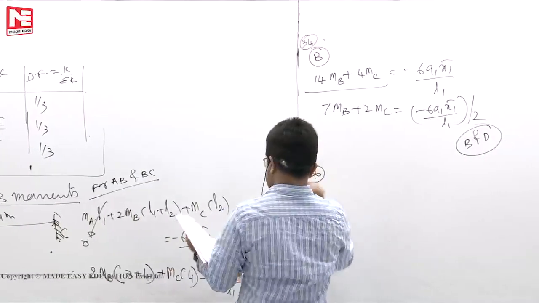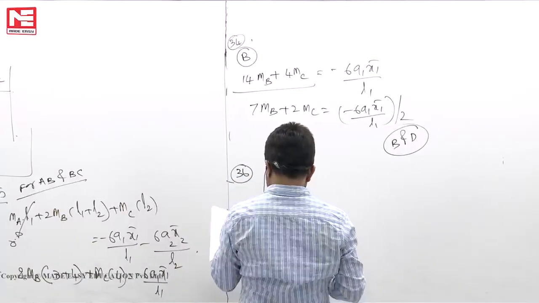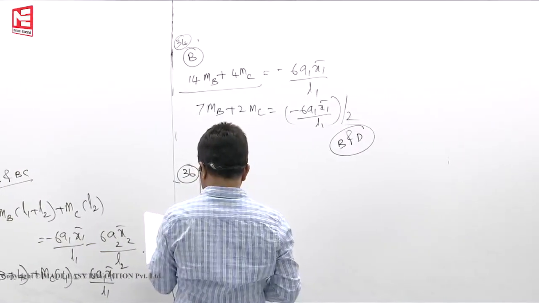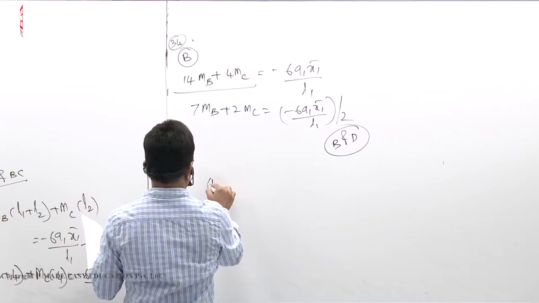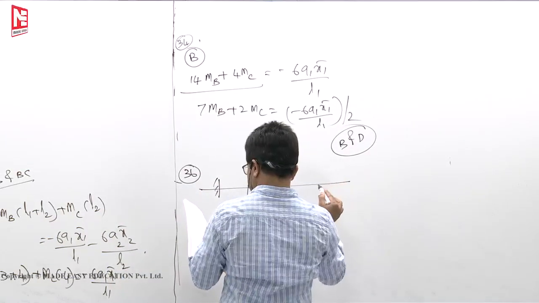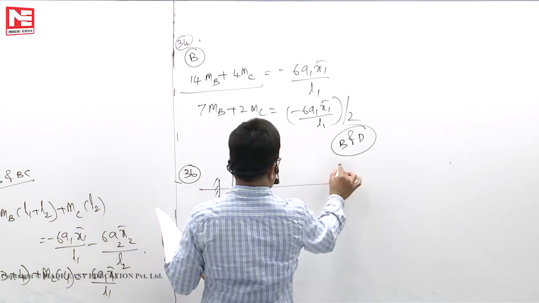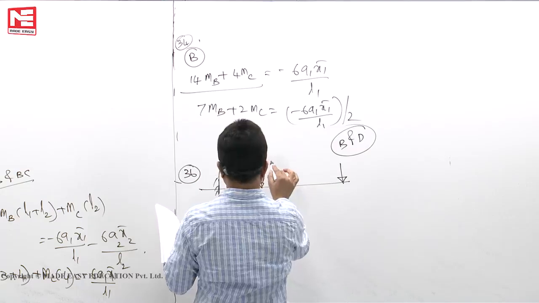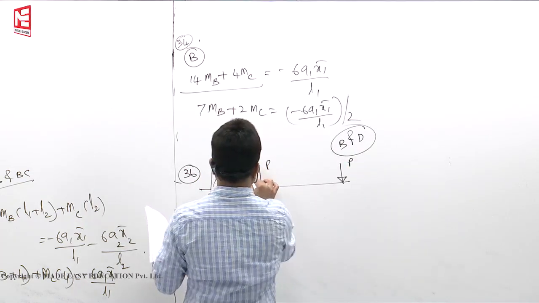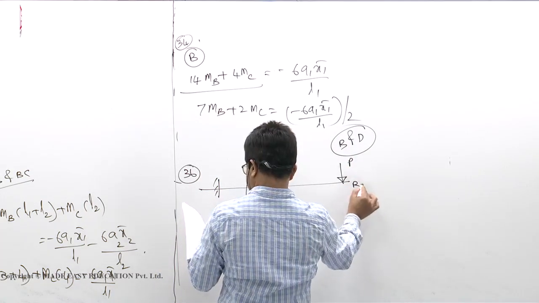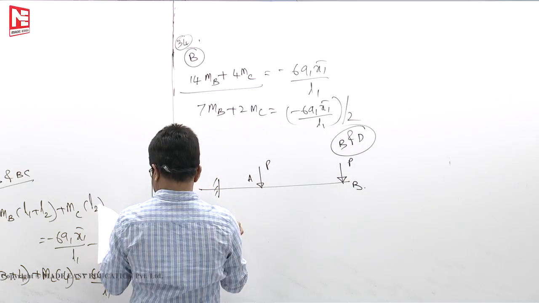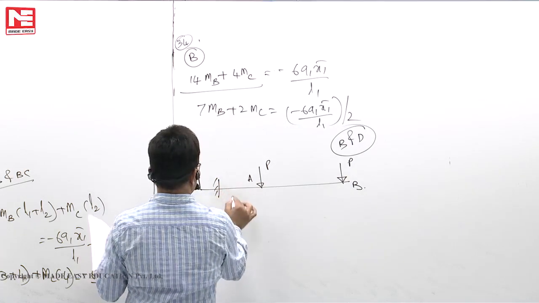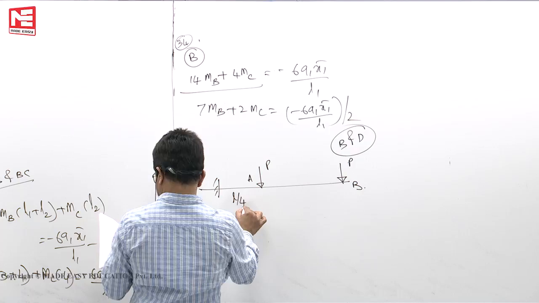35 is over, 36. The cantilever beam shown in the figure has load P acting at points. You have a cantilever beam. Two loads are acting, P here, P here. P, P. This is at A, this is at B. This is L by 4.